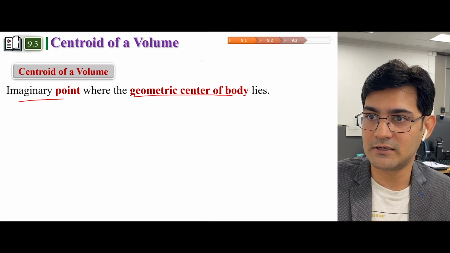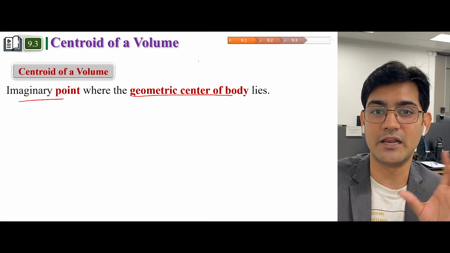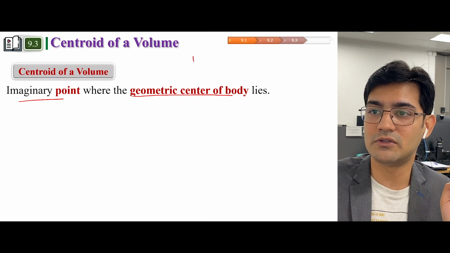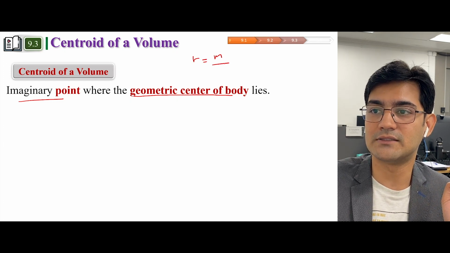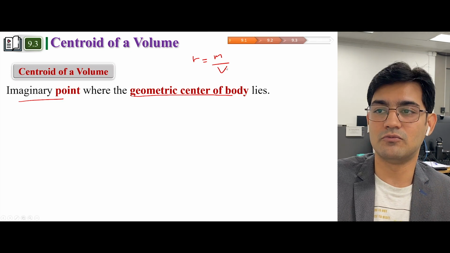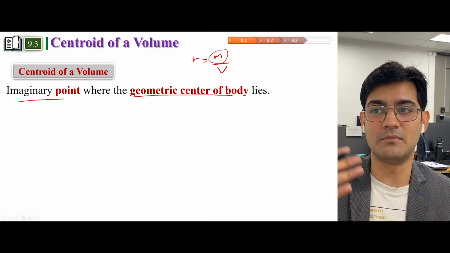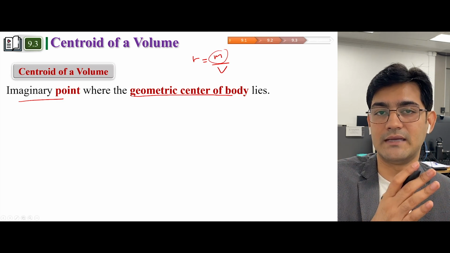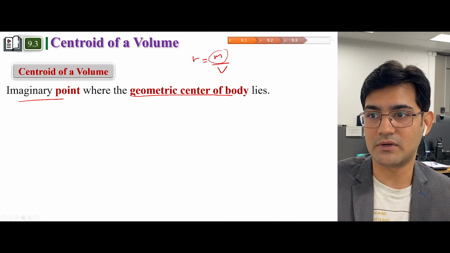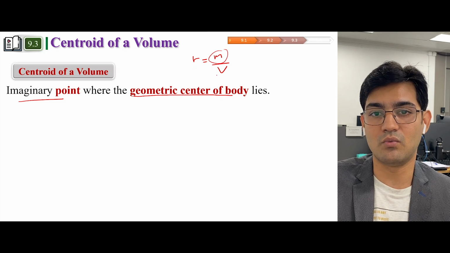Now, what is the relationship of center of mass with the volume? We know that density is equal to mass over volume. If we assume that the mass is also constant, meaning it is the same material, then we can cancel the mass out, and the only thing remaining would be volume.